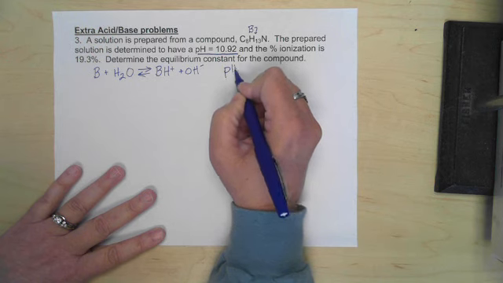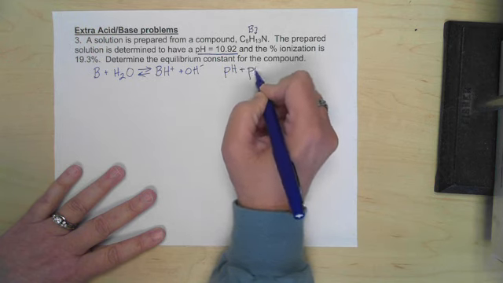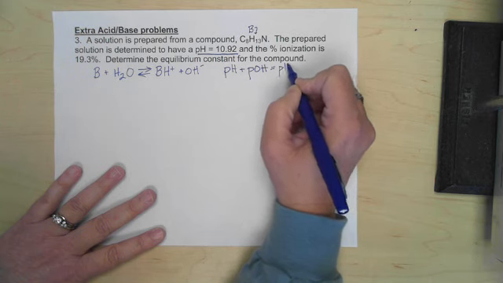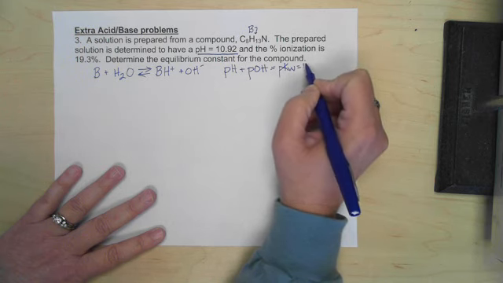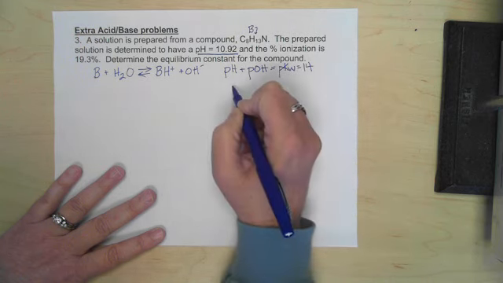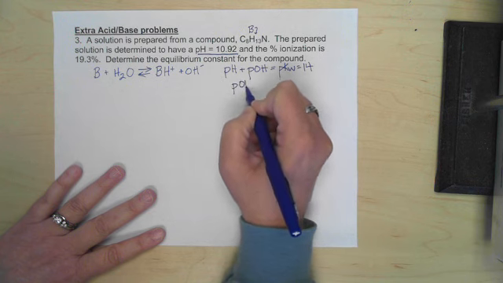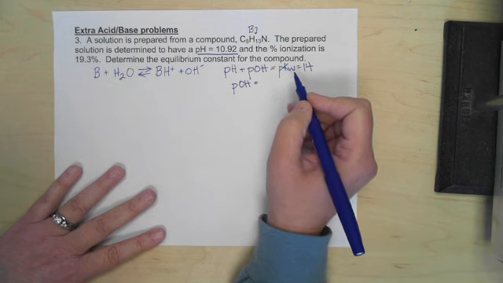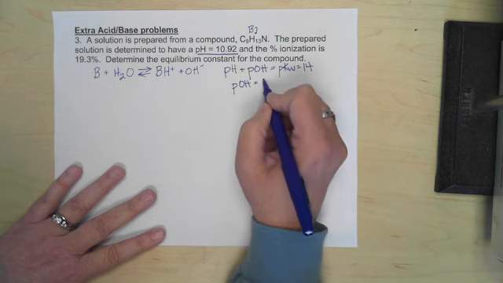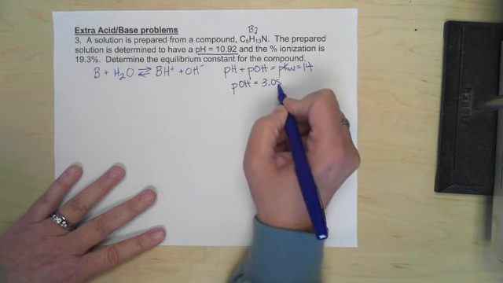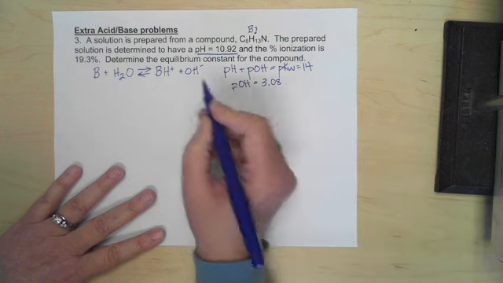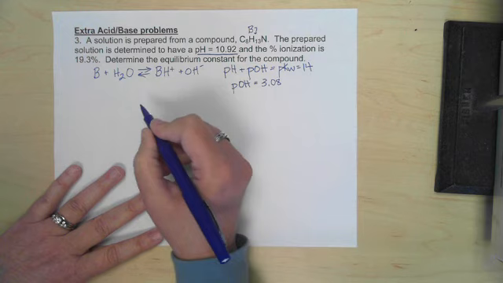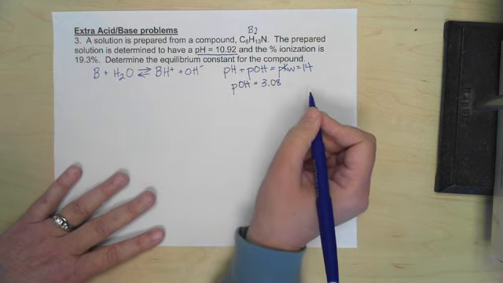I need the pOH, because remember, pH plus pOH is equal to pKw, which is equal to 14. That being the case, if I work this problem, my pOH is 14 minus 10.92, which is 3.08. Okay? So I'm going to need this in a minute, but I'll wait until I need to get to it.